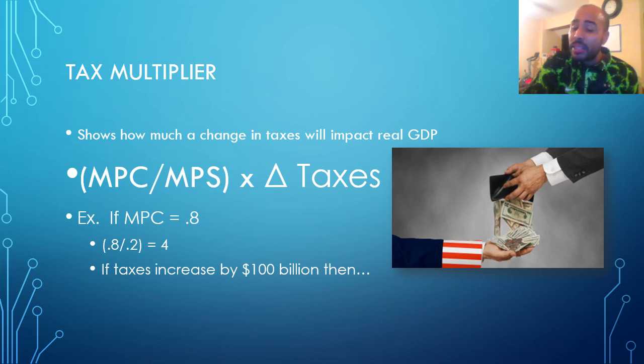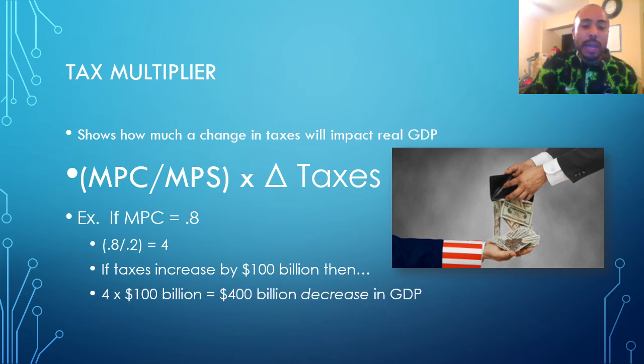Well, increasing taxes is going to decrease our productivity, right? It's going to take money away from businesses. So 4 times 100 billion equals 400 billion. It means that essentially that would take $400 billion out of the economy. Same thing works if we did a $100 billion tax cut. Cutting taxes by $100 billion in this scenario would increase GDP by $400 billion.